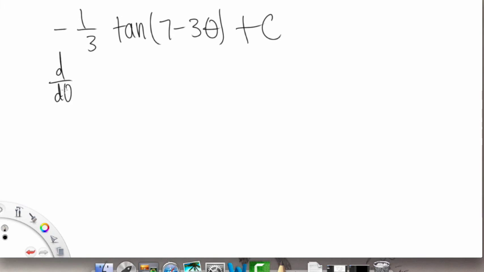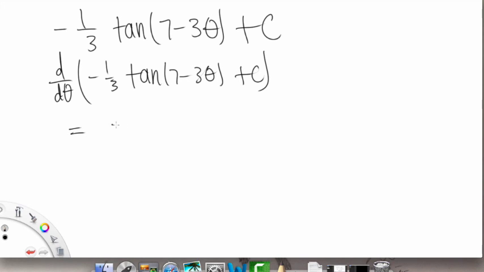What we ended up with was negative 1 over 3 times tangent of 7 minus 3 theta, plus c. If we differentiate all of this with respect to theta, we have that negative 1 over 3 sitting in front. We differentiate the outer function first, which gives us secant squared of whatever is inside.